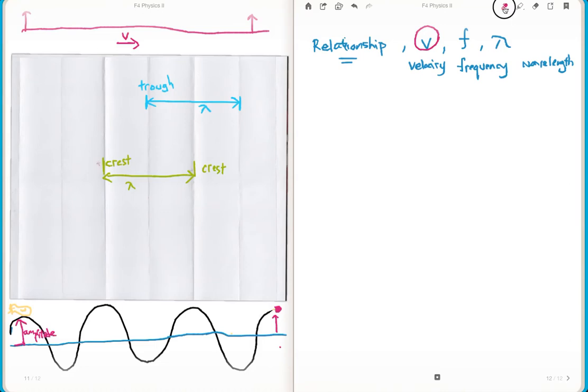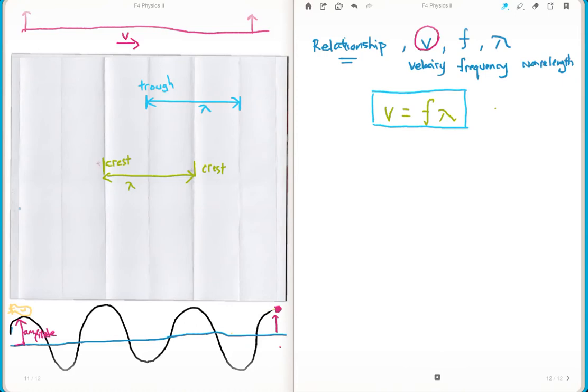And the relationship to relate them would be v equals f lambda. That's all. This is all you need to learn and know. The essence is that the mass or the matter does not move. It's just how long it takes for a molecule over on the right to appear, to go up, when you have some oscillation over on the left.